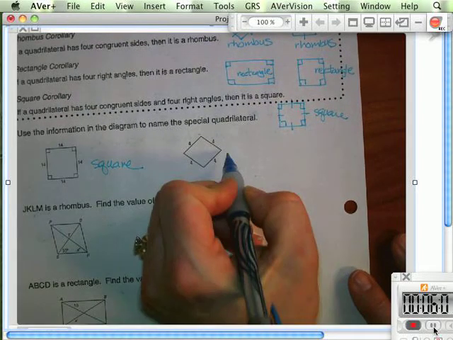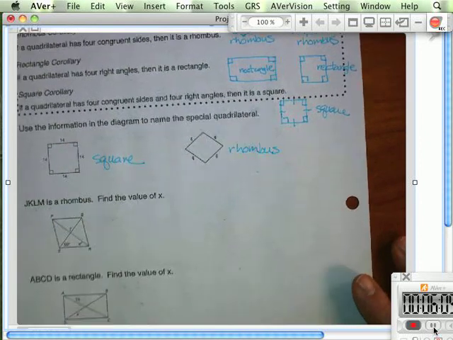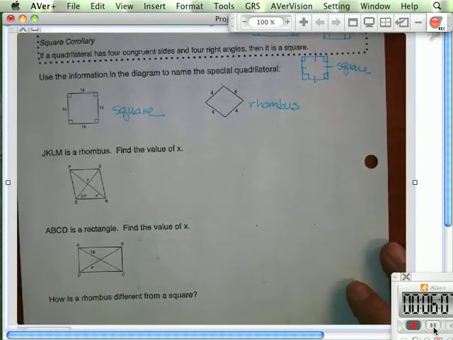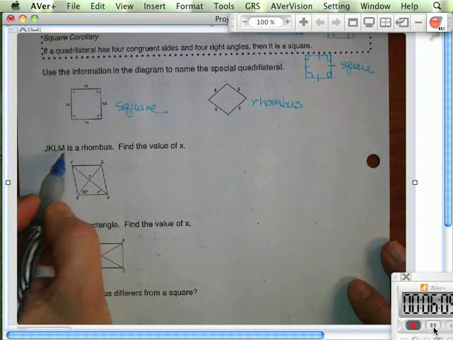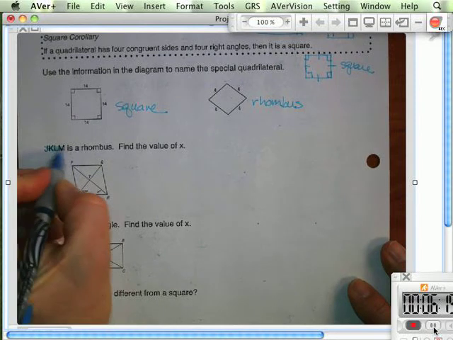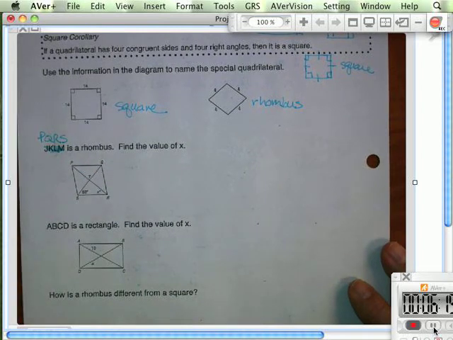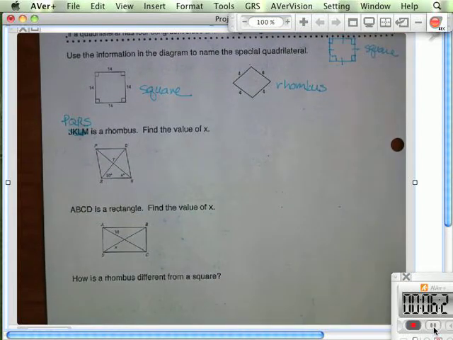We don't know anything about the angles, so we can call it a rhombus. Okay. JKLM. There ain't no JKLM. So let's rename it PQRS. That was a mistake. Okay, PQRS is a rhombus.